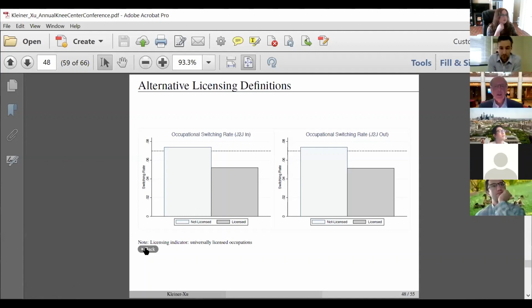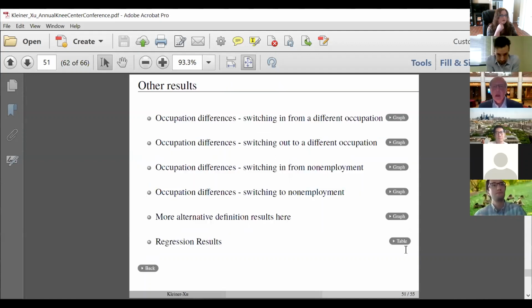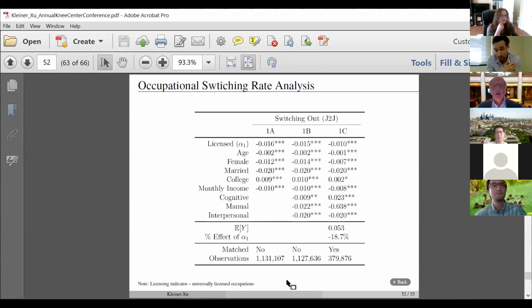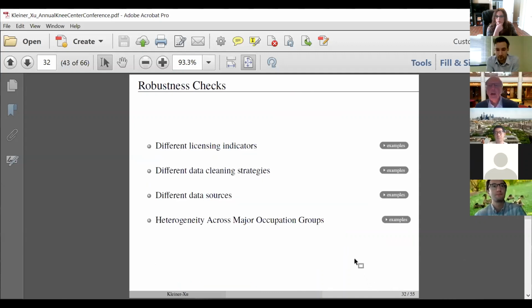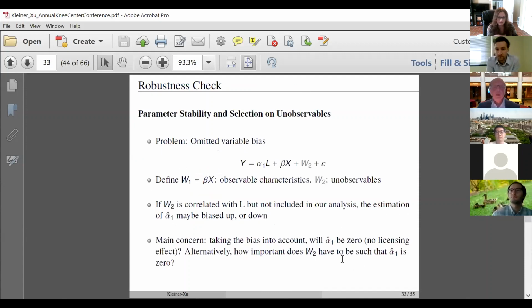People who are licensed tend to switch in and out a lot less. And when we look at various regression switching numbers, we find basically the same results in terms of our general robustness checks. So those are our overall results.